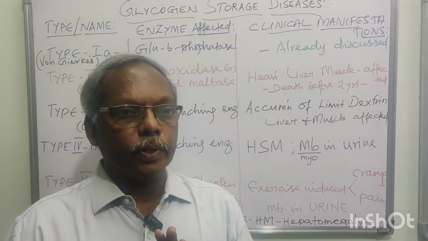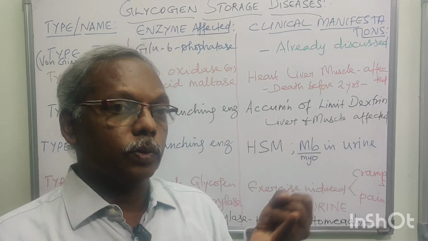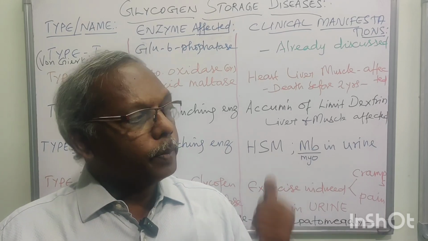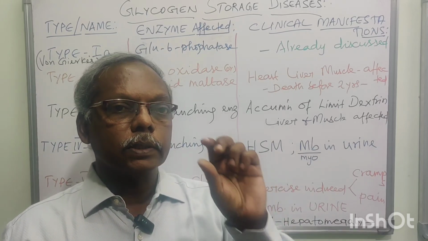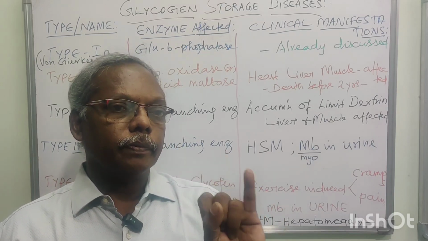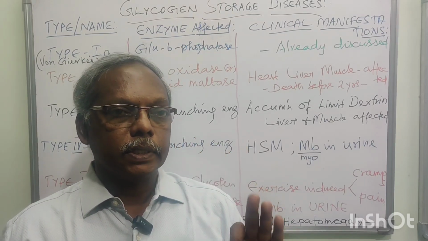These 3 are enough for you. For other diseases you have to mention extra things like laboratory investigations and how you will manage. But for glycogen storage disorders, at most you have to present the type and name of the disease, the enzyme affected, and the clinical manifestation. That is enough.